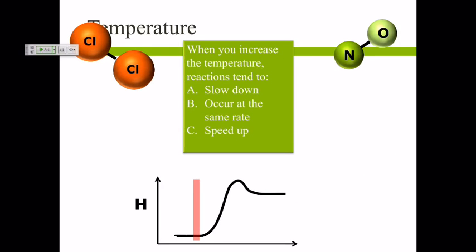So then I want you to really focus on this graph here and where that red line moves left to right. How is that going to change when we increase the temperature? So answer this question first, and then there's another one about it.